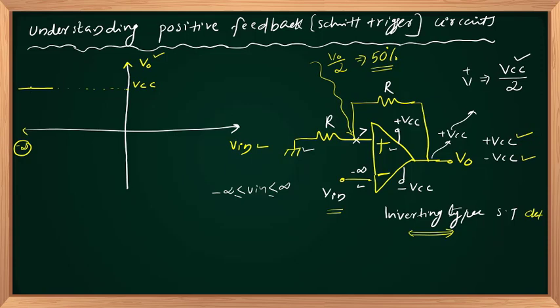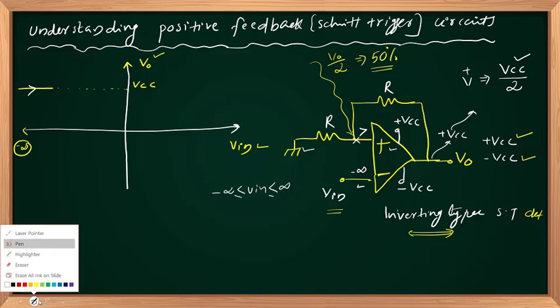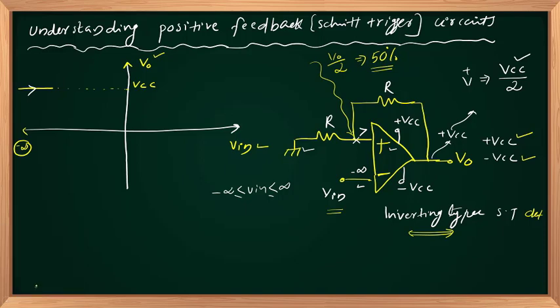So if I am increasing my input towards the positive side, until the Vin signal is less than plus VCC by 2, the output will be at plus VCC itself.